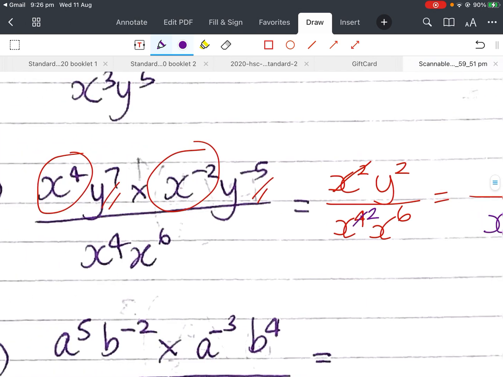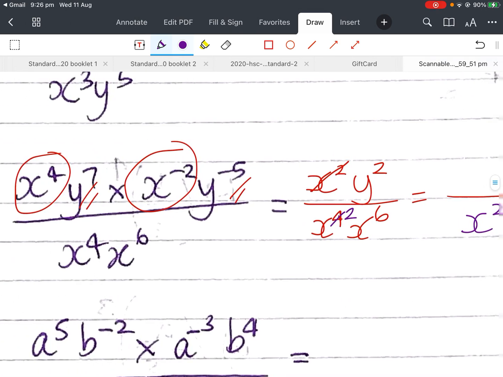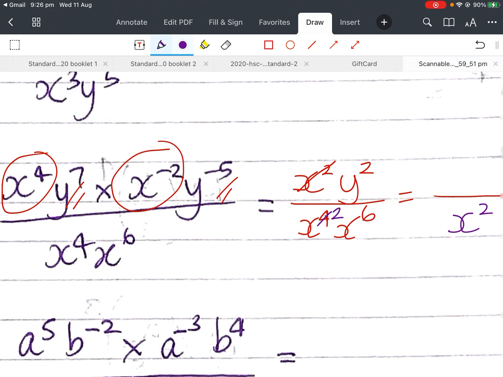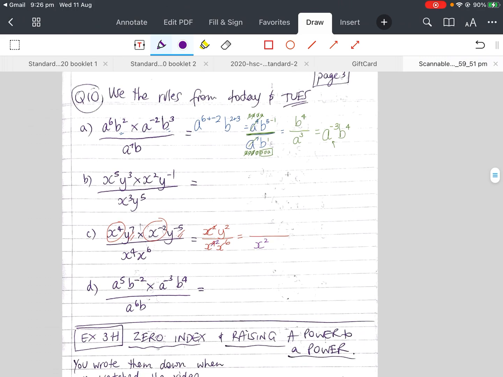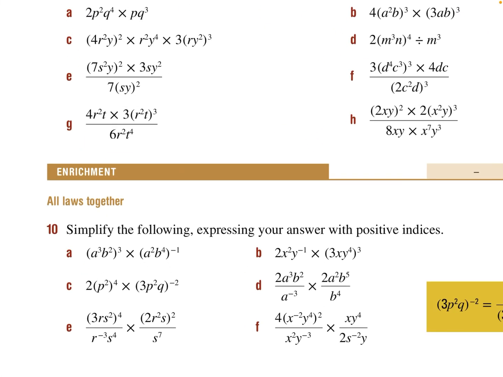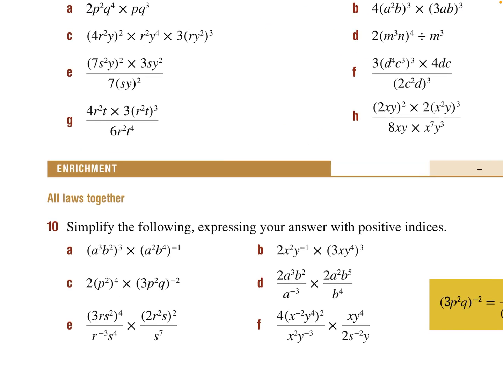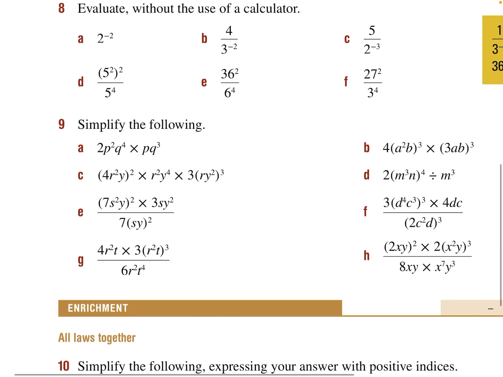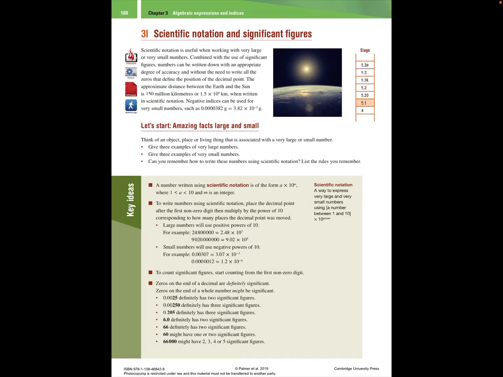And I've just written something. I think I've written that question out incorrectly. I don't know why they'd have x4, x6. Let me have a quick look. What is that? That's question 10. Sorry about this. It's not that. Where have I gone?